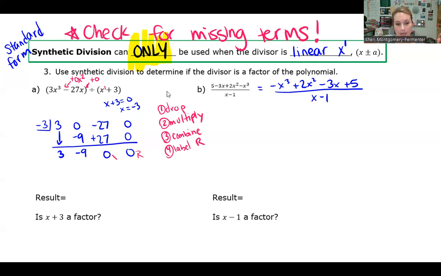And then I have my x squared. Sorry. Stop. I forgot. It has to be constant. My constant, x, and then x squared. Maybe we should put label RC because you got to do remainder and then constant.